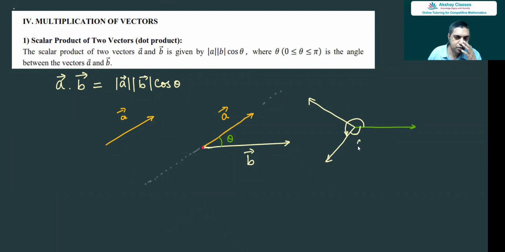An angle between two vectors is defined as, once you draw the co-initial vectors, the lesser of the two angles. You never take the greater of the 360. This angle will be theta minus 360. We don't take this. We take the smaller of the two angles. So that is why the angle will always lie between 0 and pi.